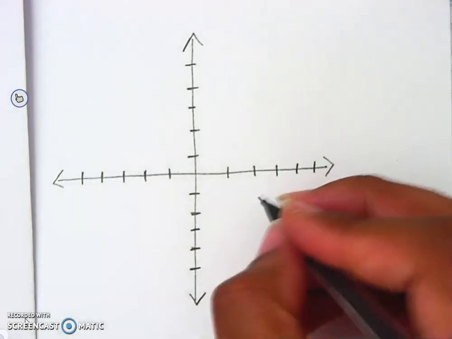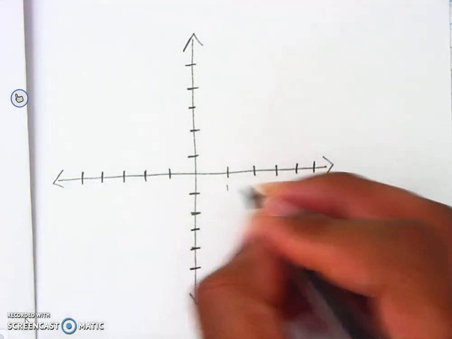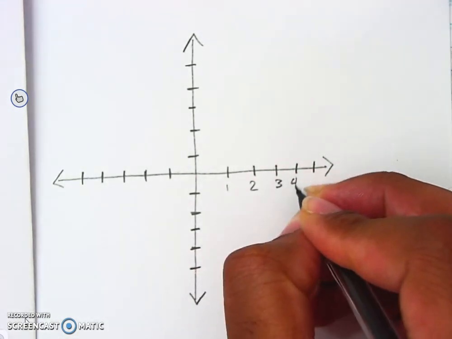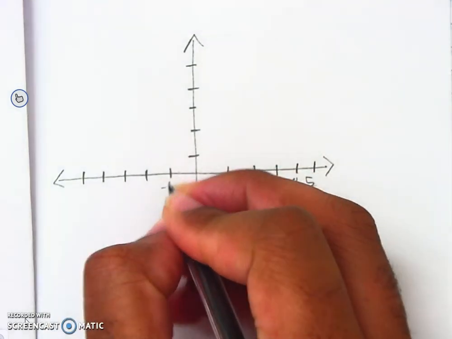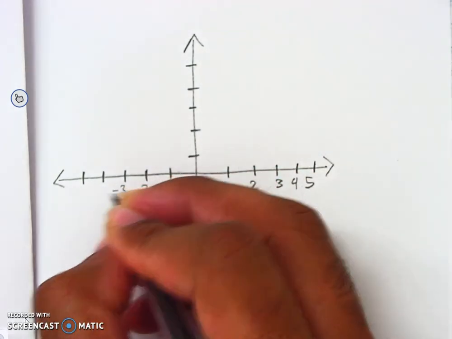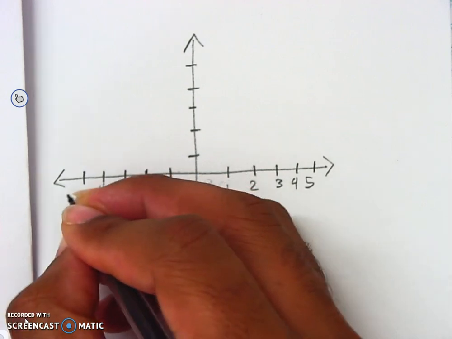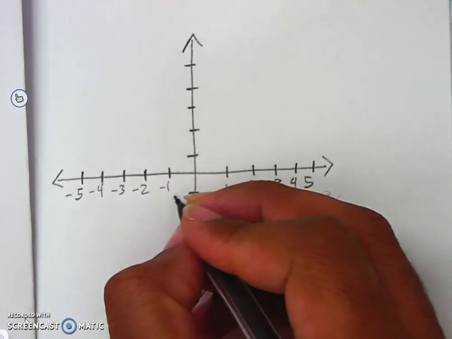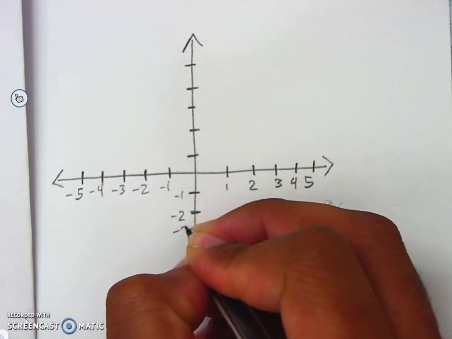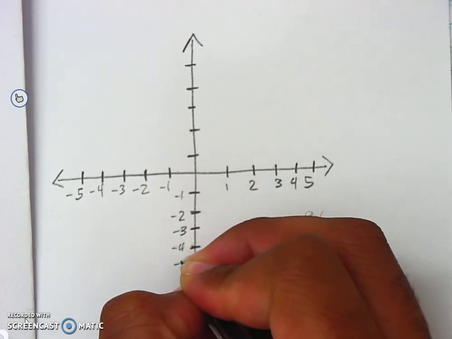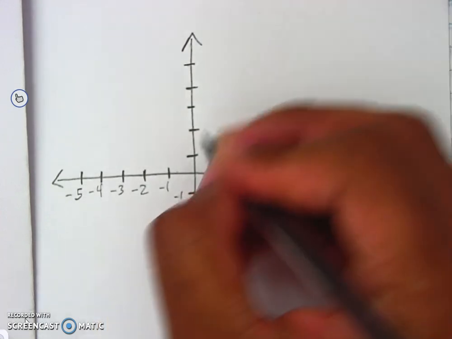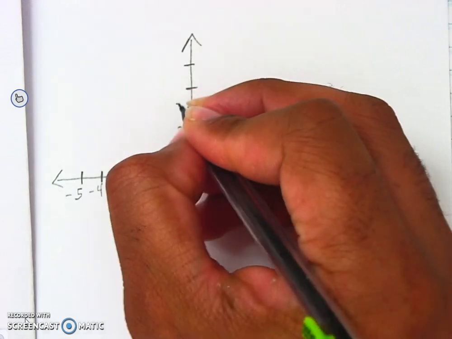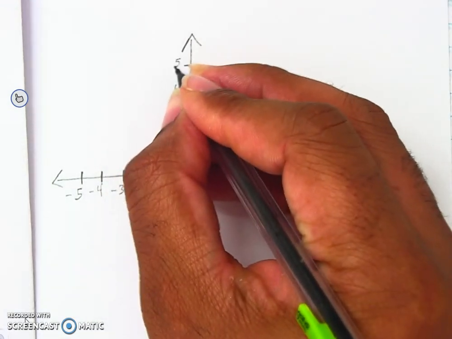All right, and I'm going to label them 1, 2, 3, 4, 5, and then -1, -2, -3, -4, -5. And labeling is important. And then 1, 2, 3, 4, 5.